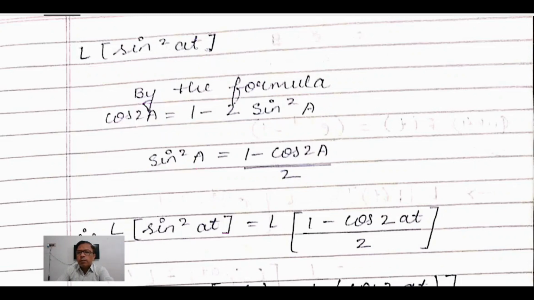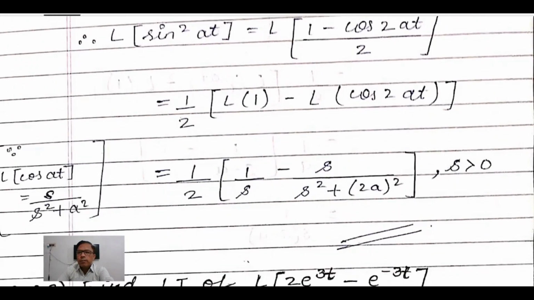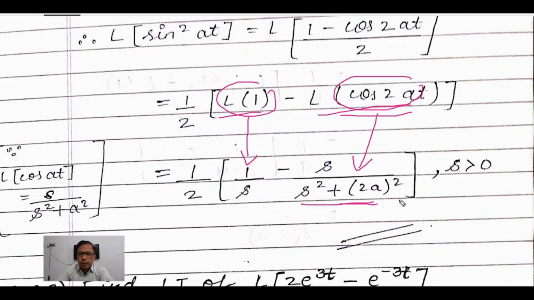So we have 1 by 2 Laplace of 1 minus Laplace of cos 2at, and we know that Laplace of 1 equals 1 upon s, Laplace of cos 2at equals s upon s square plus 4a square. This is the final answer also.